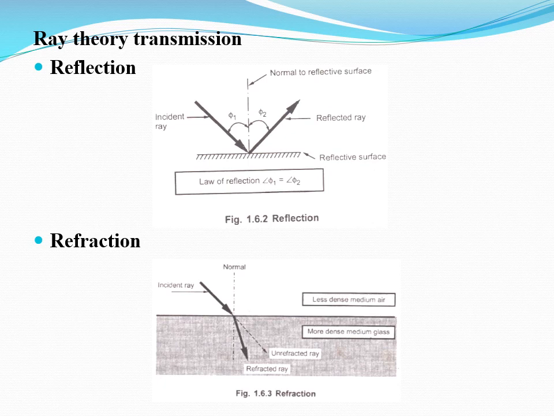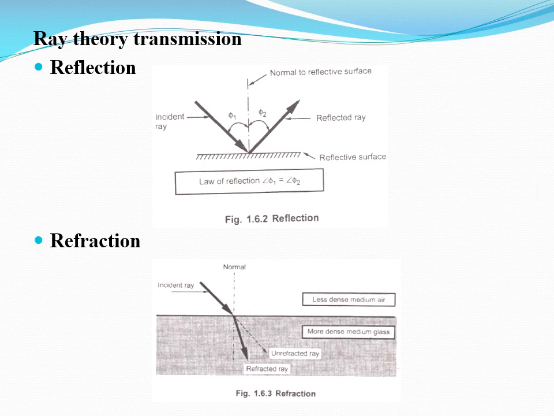If I consider the process of reflection, you can see that the ray is incident on a particular surface, and this surface is termed the reflective surface or the incident surface. The refractive index of both the surfaces may be the same, or may be different. When reflection happens, the angle of incidence will be equal to the angle of reflection.